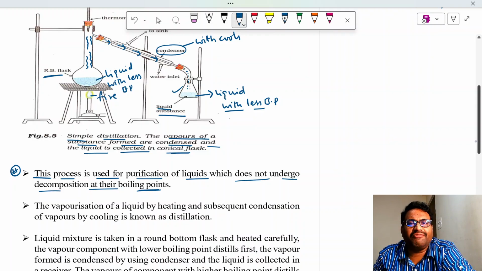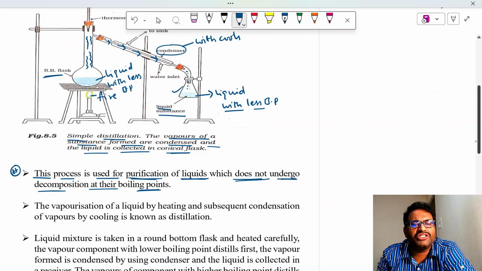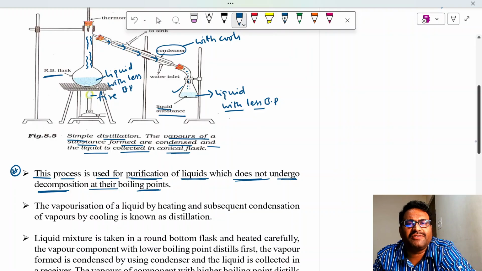But here we are speaking about the liquids which do not decompose at their boiling point. So first thing is you can purify the liquids which do not undergo decomposition. Undergoing decomposition means which breaks into another substance. So we want that substance. If it is breaking into another substance, how can you extract that substance? It's not possible, right?